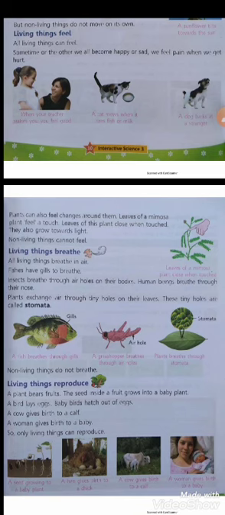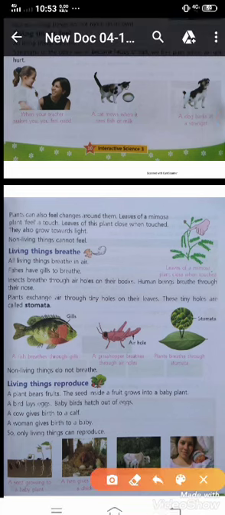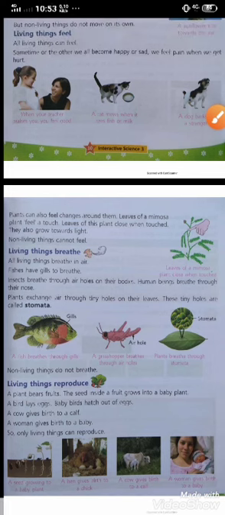So today we are going to discuss the fourth characteristic, that is, living things feel. All living things can feel.